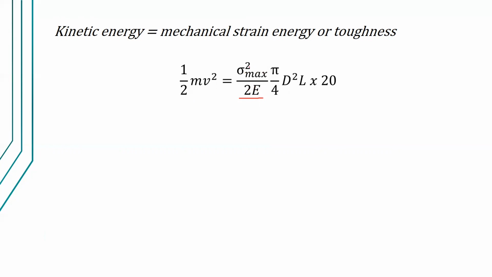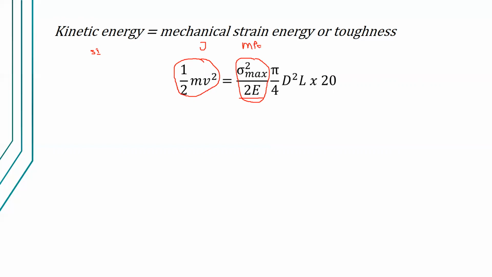Now, remember though that this formula here, yung 1/2 mv squared, if we use the metric system, or SI, the unit of this term is joules. But this formula here, ang ibibigay niya sa'yo ay megapascal.